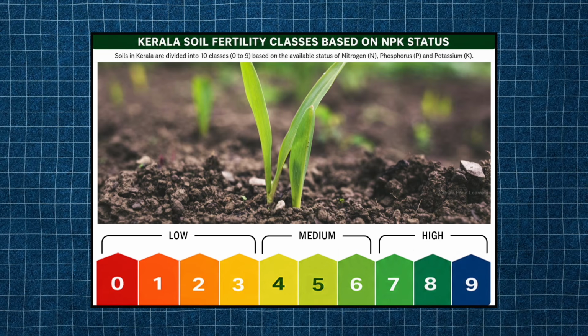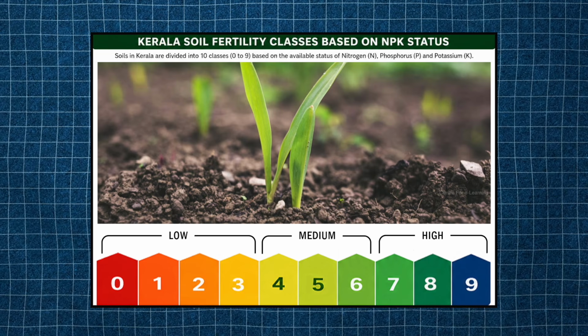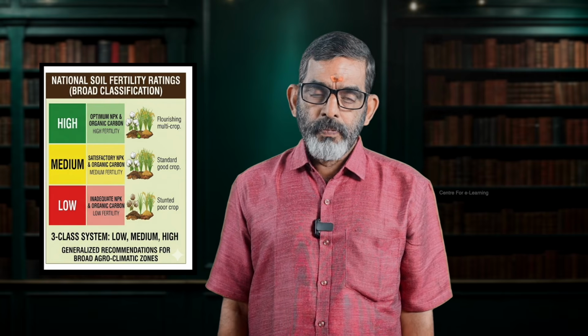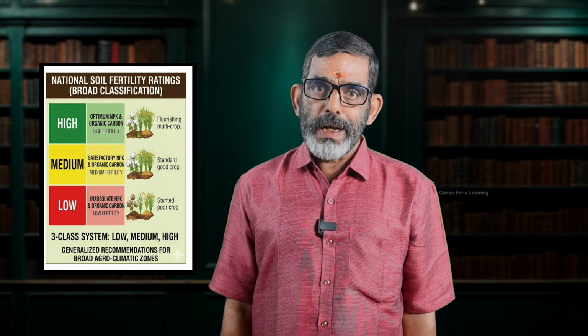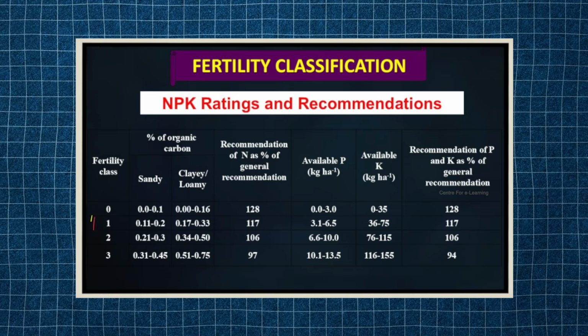In other recommendations or ratings at national level or in other states, it is only 3 classes: low, medium and high. Whereas in our state, based on research in the 60s by some of the great soil scientists and teachers of that time, they classified the soil into 10 classes based on the NPK.